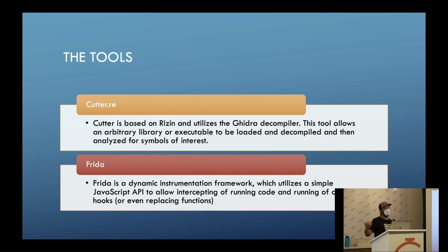We used basically two tools in this process. The first one I'm going to talk about in a little bit more depth, which is Cutter. Cutter is a nice graphical UI based off an open source tool that uses Ghidra, which is a decompiler thanks to the NSA. It can take an arbitrary library or binary, and it can give you the decompiled symbols as best it can.